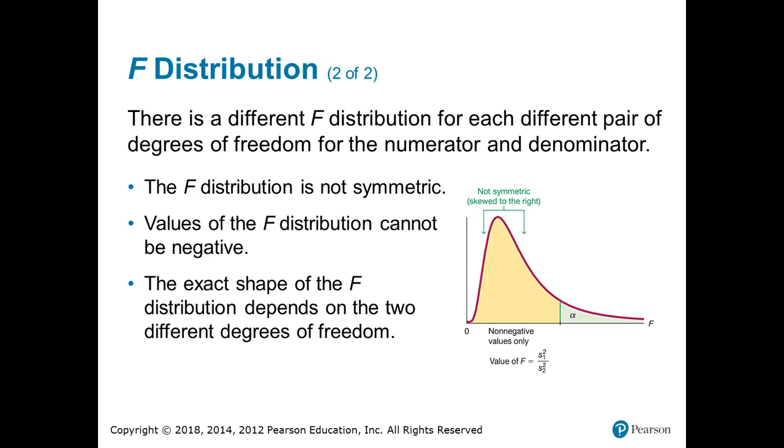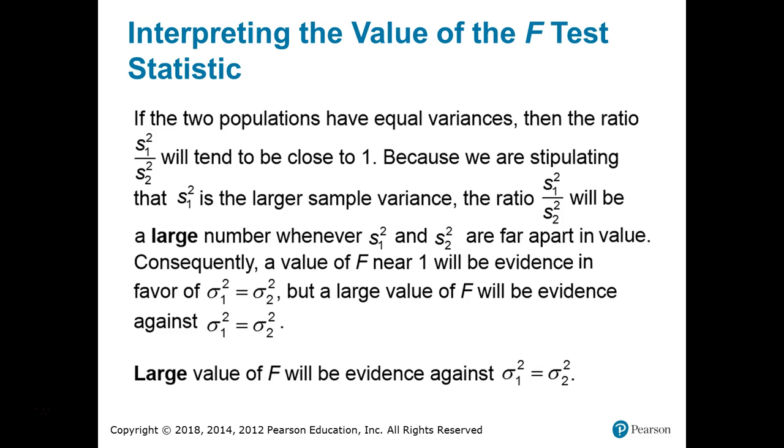The values of F cannot be negative, and the shape depends on the two degrees of freedom. If the populations have equal variances, then the ratio will be 1, or tend to be close to 1. And since we are stipulating that S1 is larger, a large value for F would suggest that they are further apart, and S1 is much more significant.